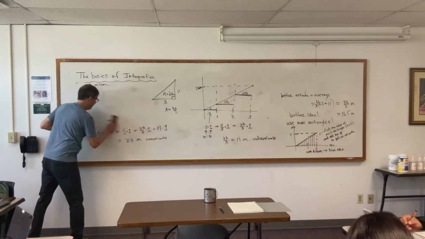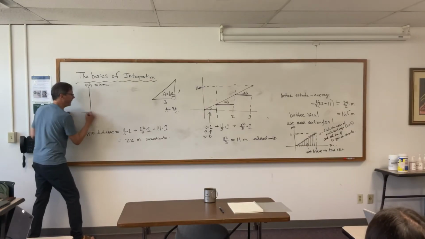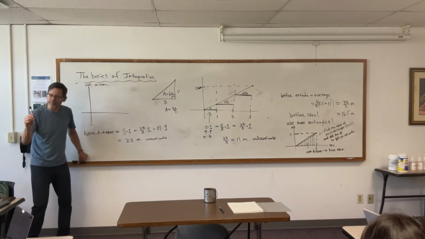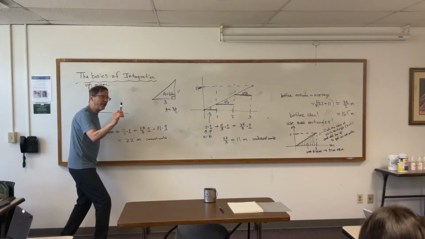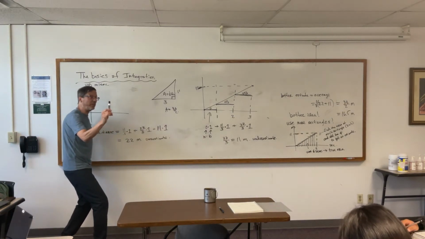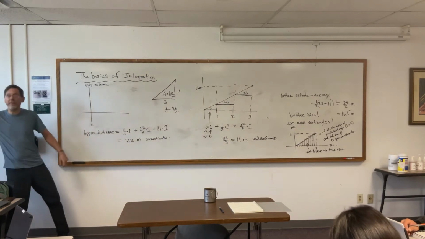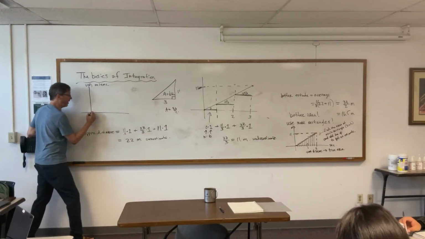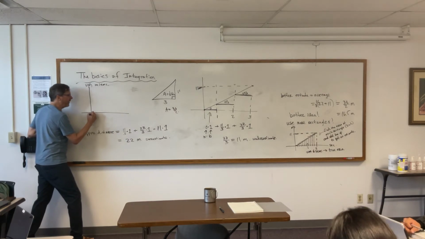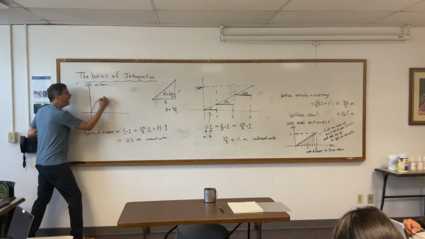all bets are off. So what if my velocity is this? The bead starts off and it accelerates really fast and then slows down and then it starts going backward and then speeds up. What might that look like? Well, let's see. I start off with maybe a 0 velocity and I speed up and then the velocity starts to slow down.